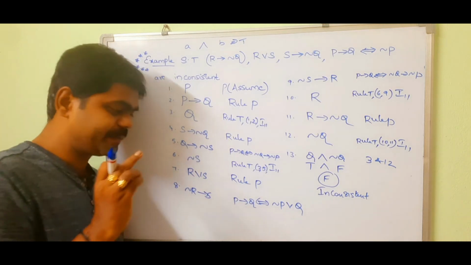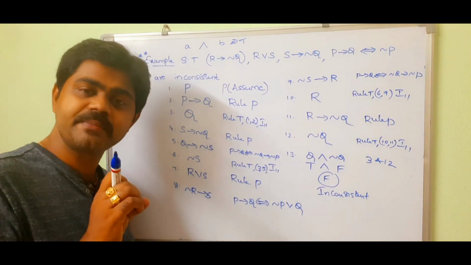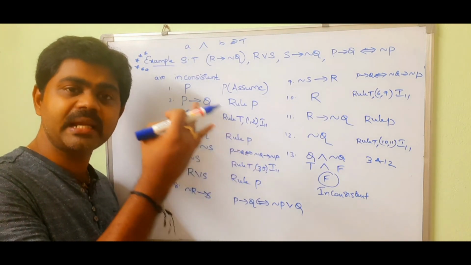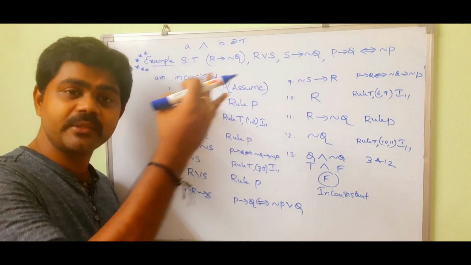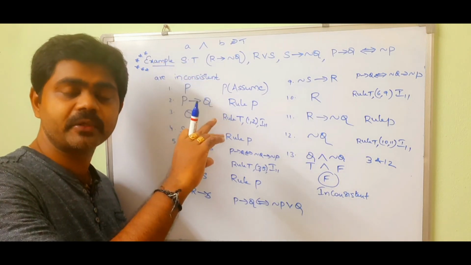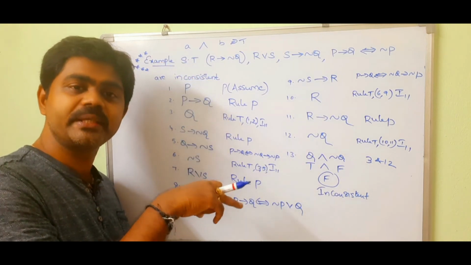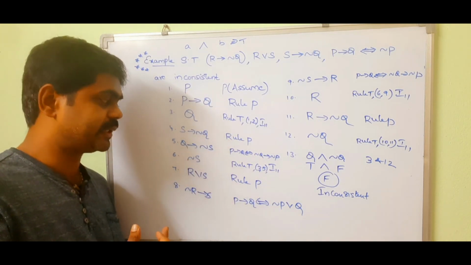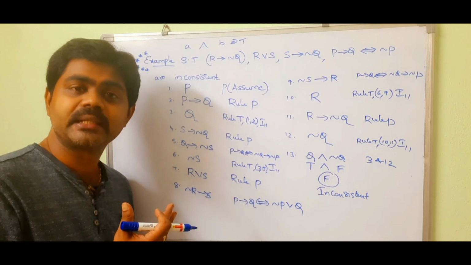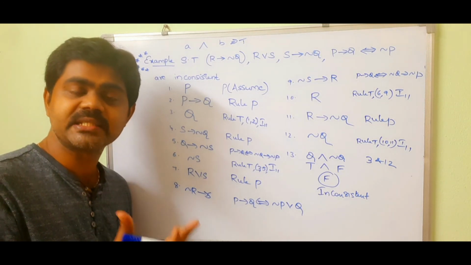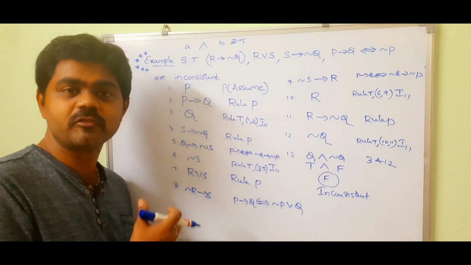Whatever the example is, the most important thing is you need to remember rule P, rule T, and I1 to I14 rules and E1 to E22 rules. Okay. So with these rules we are able to solve our problem. Okay. So this is all about consistency, rule of inconsistency, or proof by contradiction.